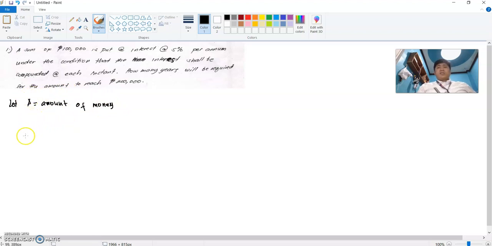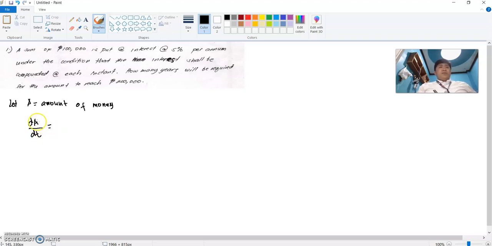But the one that causes the money to change is time. So, meaning, the rate of change is the differential of your amount of money divided by the differential of your time. So, this is the rate of change, the differential of A with respect to t.